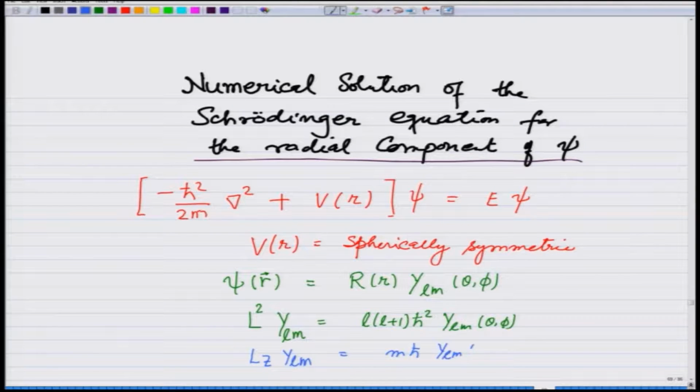We have discussed all this in the lectures last week. What we want to focus on here is numerically on getting the solution of R.